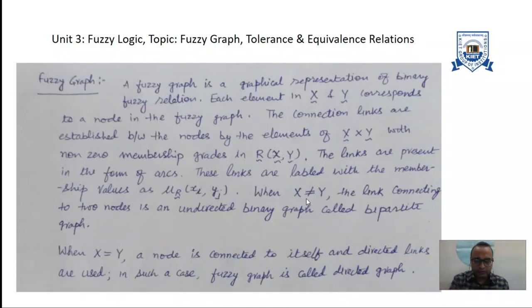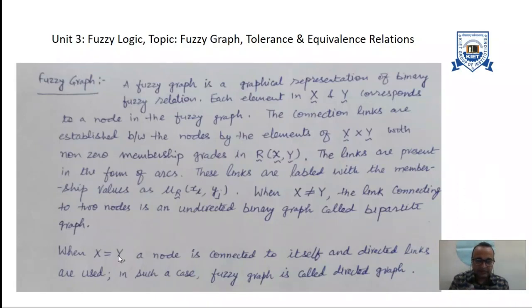Now suppose these two fuzzy sets are different, x is not equal to y, they are different fuzzy sets. Then in that case the links connecting the two nodes form an undirected binary graph, and this is called the bipartite graph.